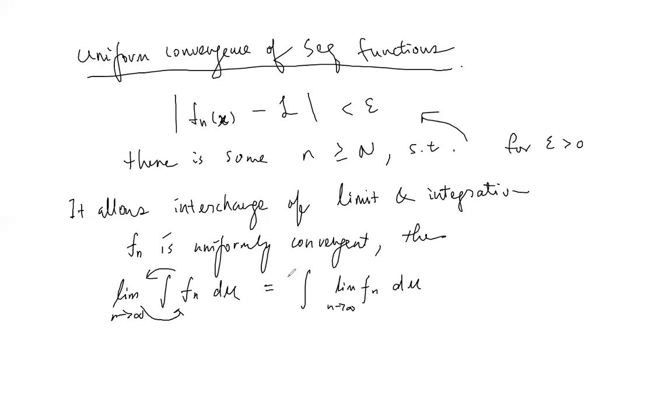There is actually another alternative: you can use the Lebesgue dominated convergence theorem, Lebesgue DCT. In this case, you just need to show that the absolute value of Fn is dominated by some function g that is not dependent on n.